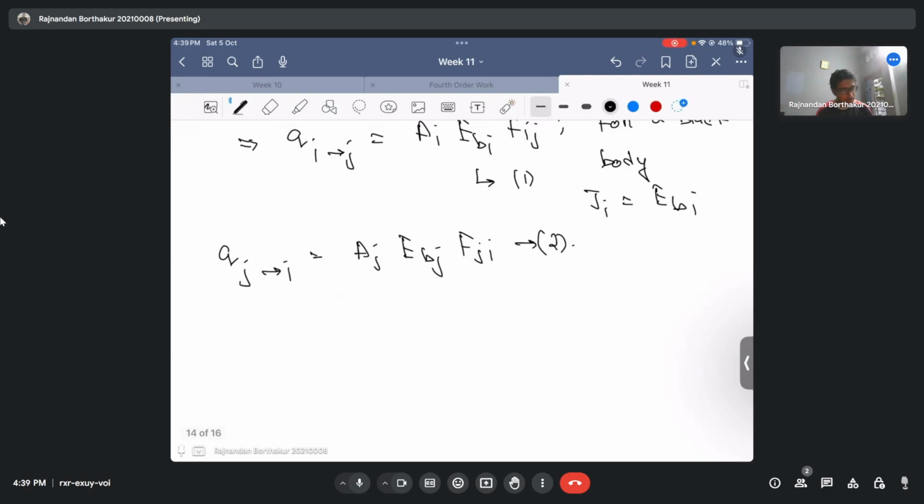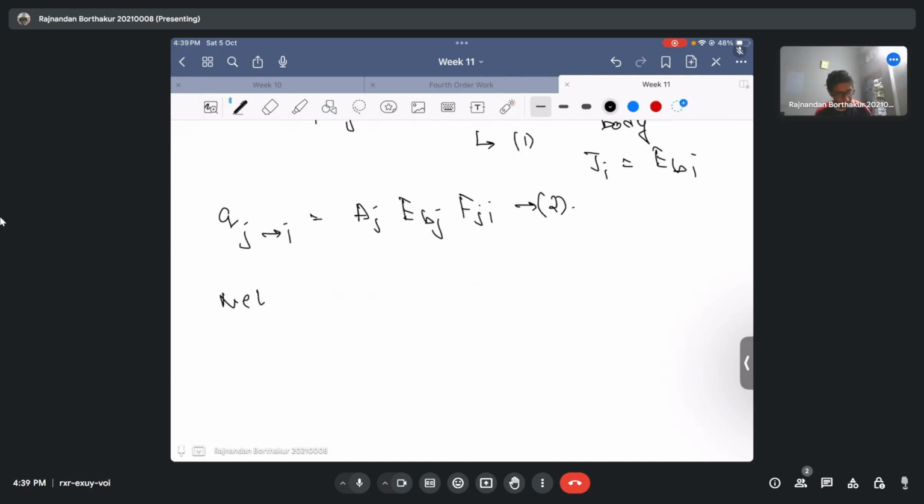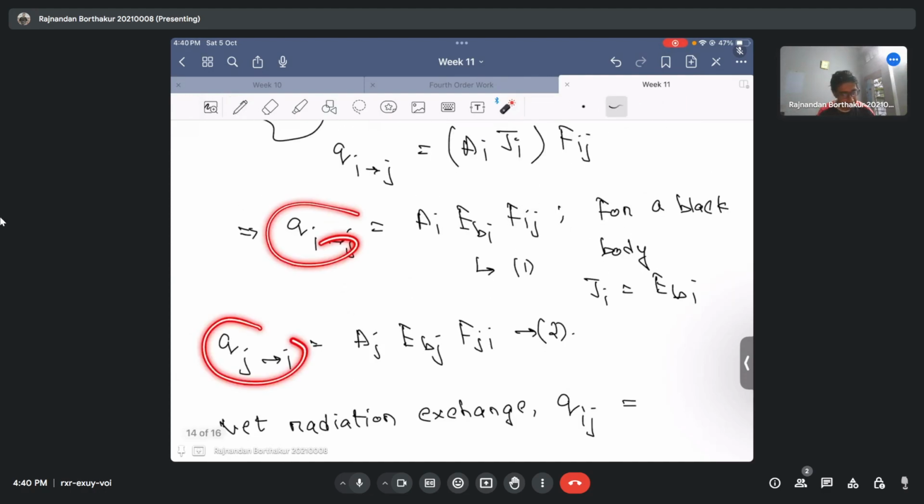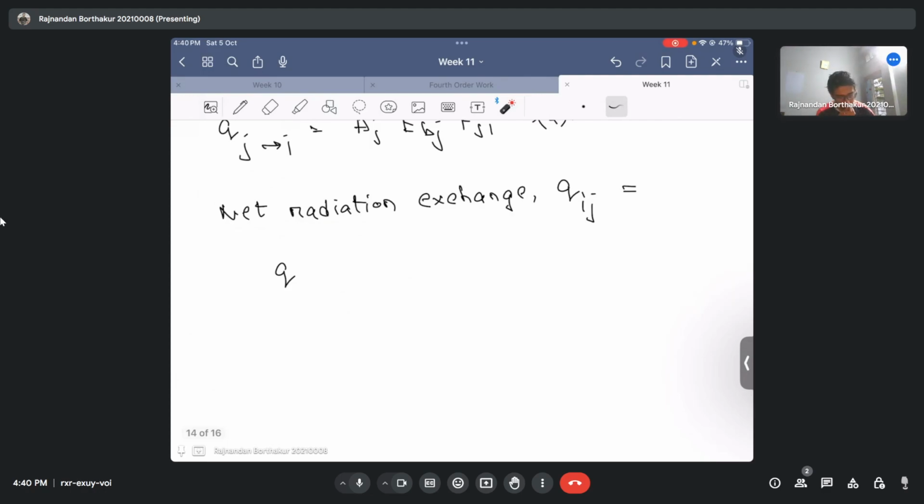The net radiation exchange between these black bodies is denoted as Qij. If I write Qij, I don't mean it is transferring just from I to J or vice versa; it is the net radiation exchange. You can write it in terms of the individual quantities as Qi to J minus Qj to I, and this signifies the exchange.